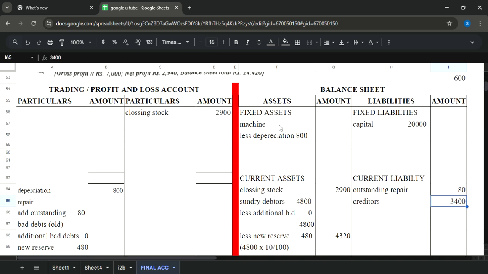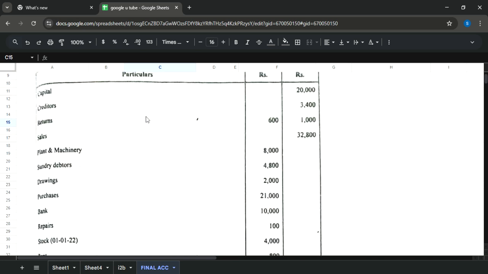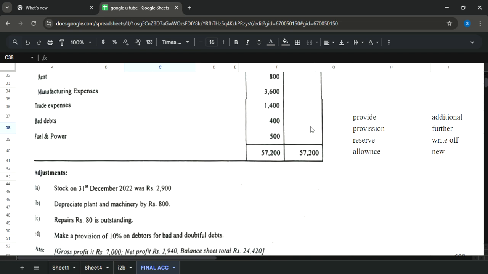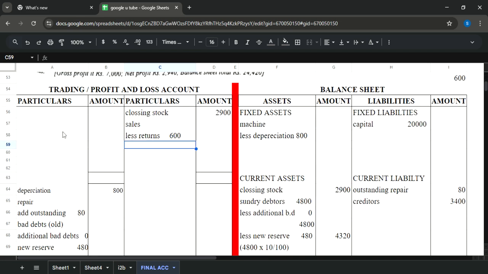So you will come to the trading account where first you will mention sale and then you will be writing returns, and we have noted that 600 is sales return. Why? Because it is written on the debit side. And now 1000 is also written, but it is purchase return.